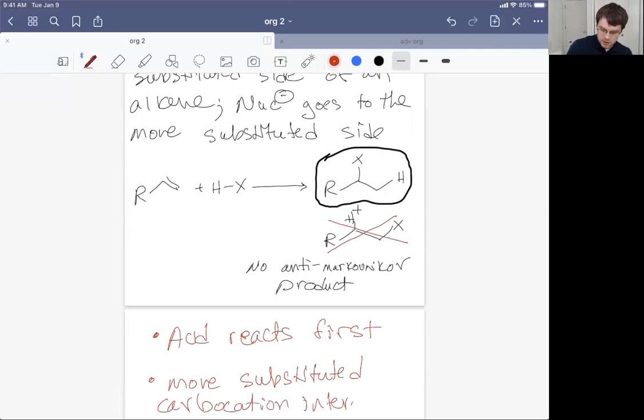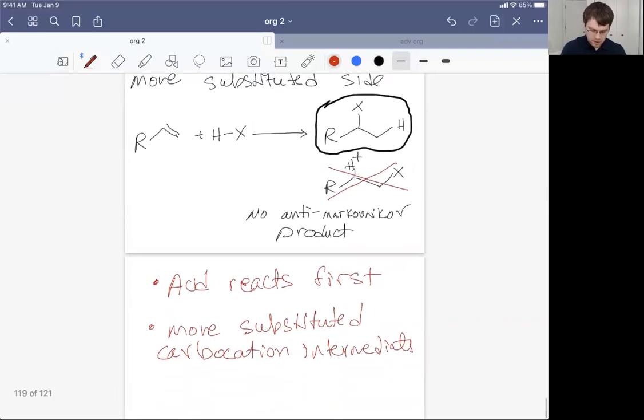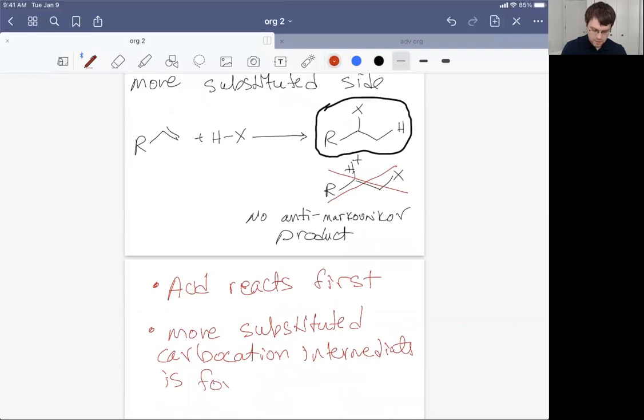I just want to remind us that the carbocation intermediate is an actual intermediate.